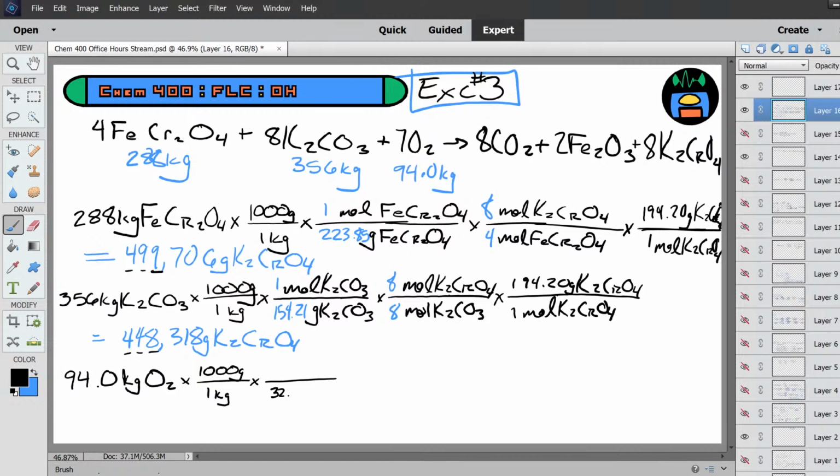There are 32.00 grams of oxygen and 1 mole of oxygen. We next go from moles of oxygen to moles of potassium chromate, and this we get from the balanced chemical equation. It is a 7 to 8 ratio.